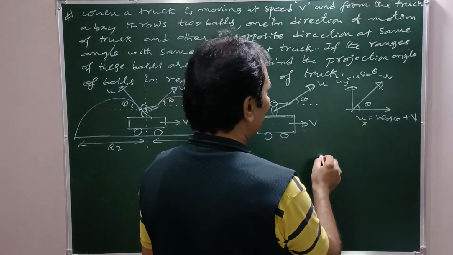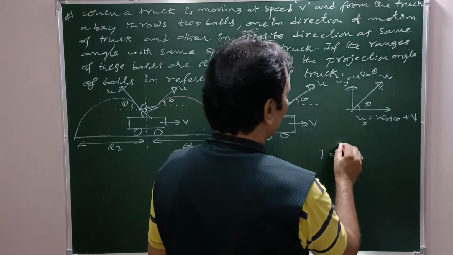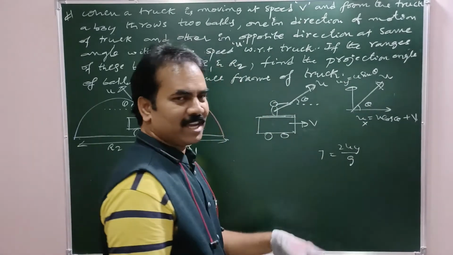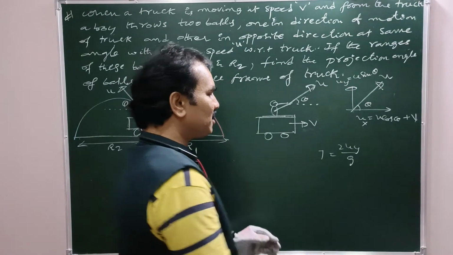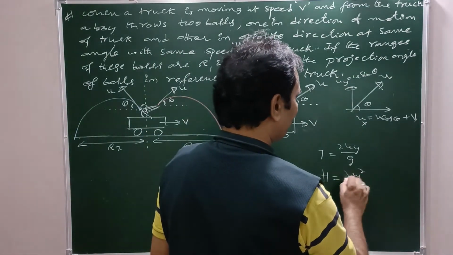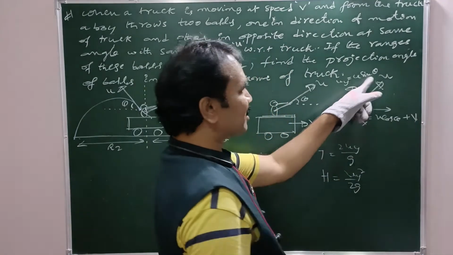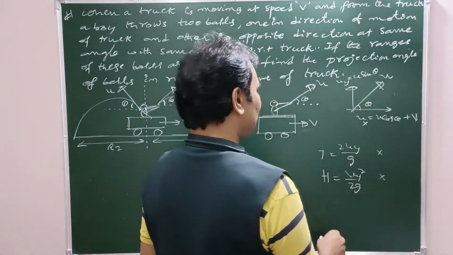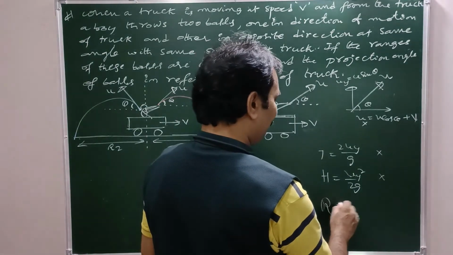See, what about time of flight equal to 2uy by g, u sin theta? No change. Usual formula, 2u sin theta by g. Maximum height, that is uy square by 2g, that is u square sin square theta by 2g. No change. But what about range?